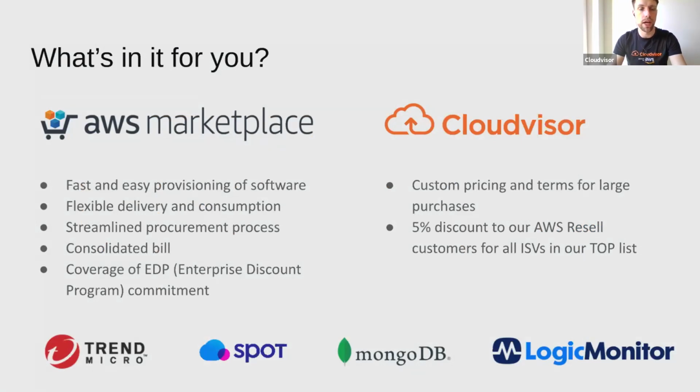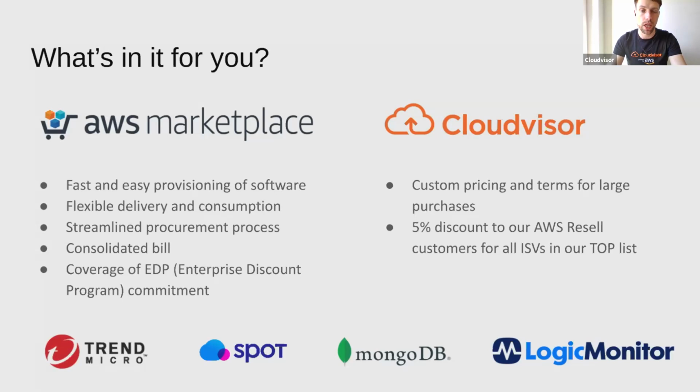Next to that, there are advantages for the finance department, like streamlined procurement processes, just buying with a click of a button, and consolidated billing. That is, your third-party software becomes part of your monthly AWS bill, which is useful for at least some of our current customers. I believe there are more like these among those who are listening here today.